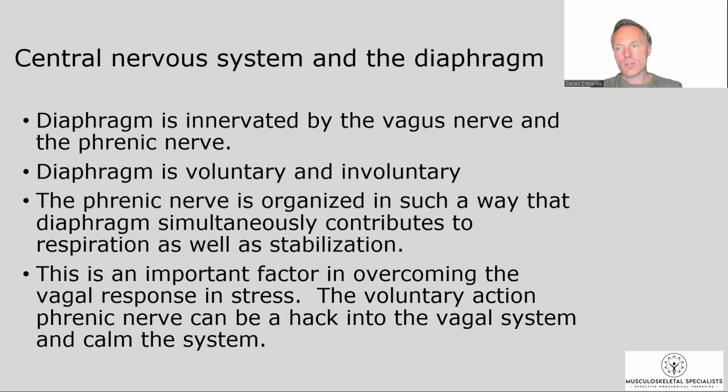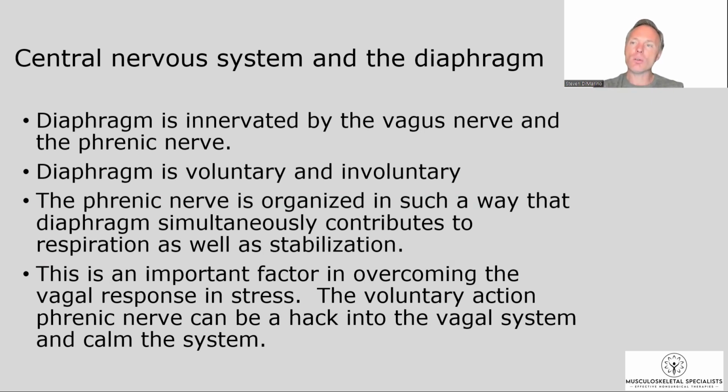And so one of the things you can do to hack into the vagal responses you're having, like you're having stress, is you have this whole involuntary system that is going off. Say you're having a panic attack, right? And so the heart rate's going up, the breathing's going up, and all this is happening.